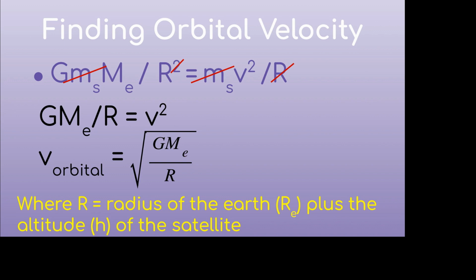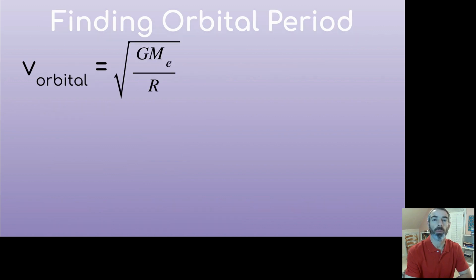Now, if we want to find orbital period, the period is the amount of time it takes to go around one complete path, which would be one orbit around the Earth. And we know that if the radius doesn't change, the speed has to be constant. So if the speed is constant, we know that distance divided by time is the speed.